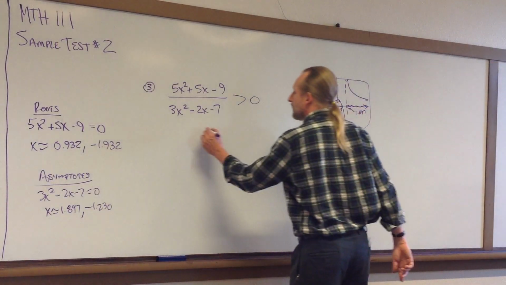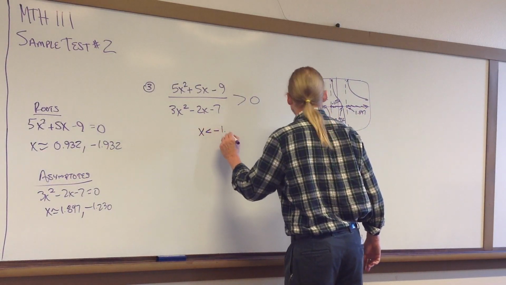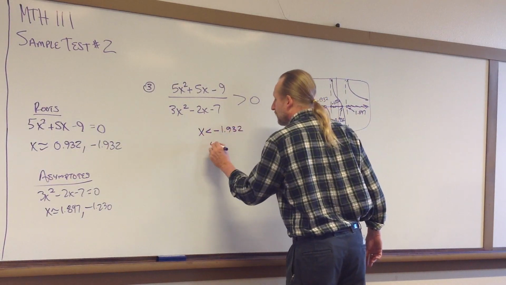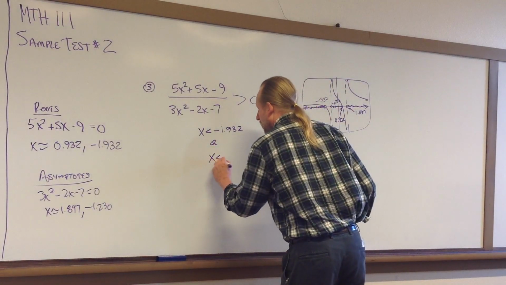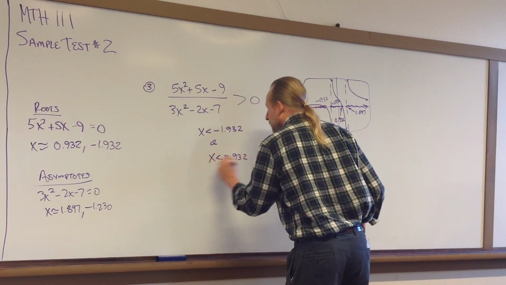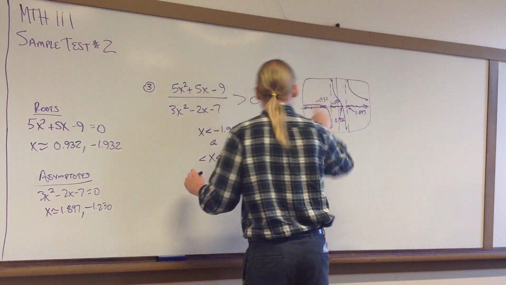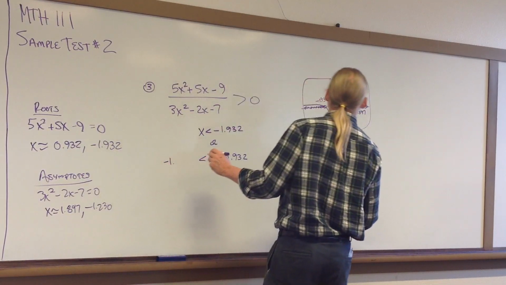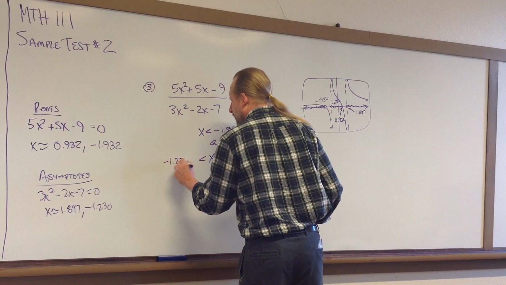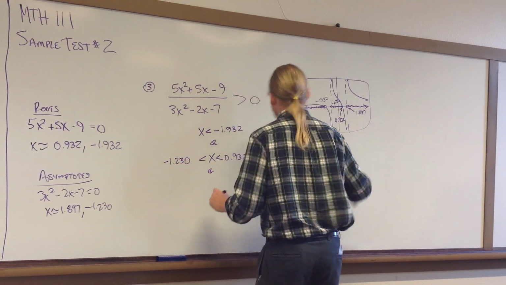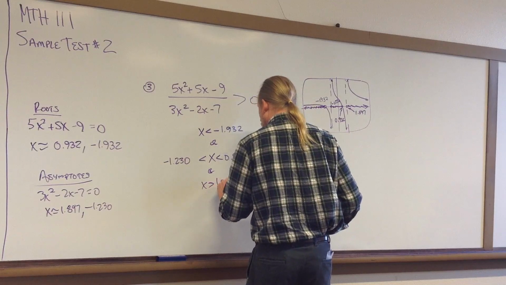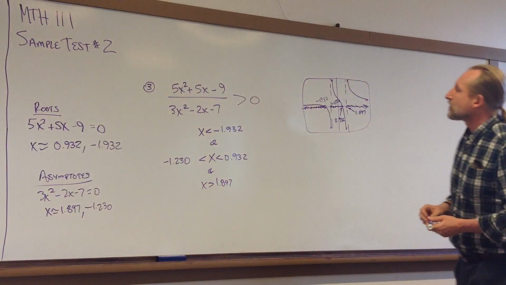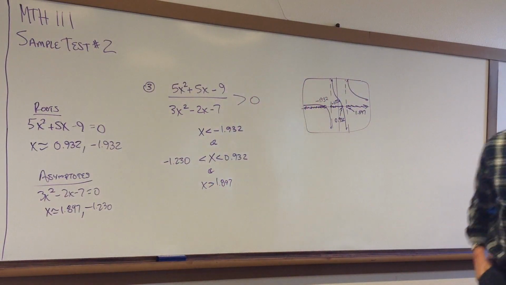So one will say x less than negative 1.932, or x less than 0.932, but greater than negative 1.230, or this last one, x greater than 1.897. Okay, there's problem 3.